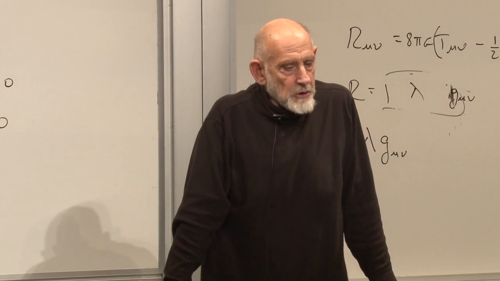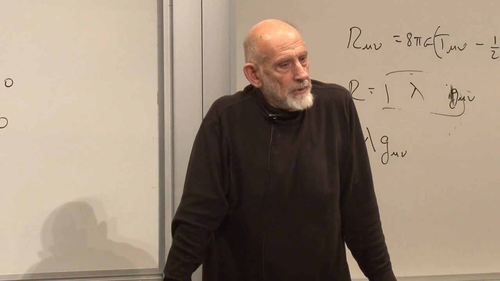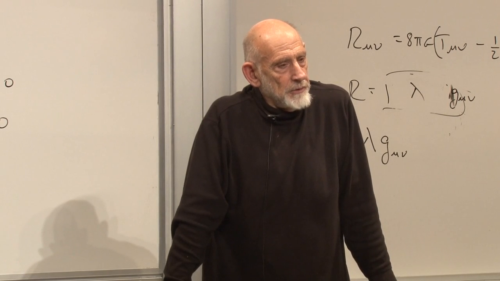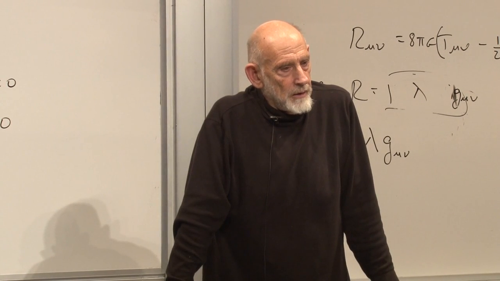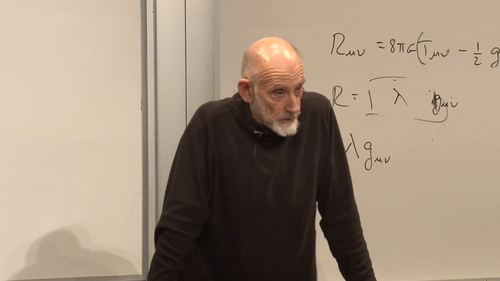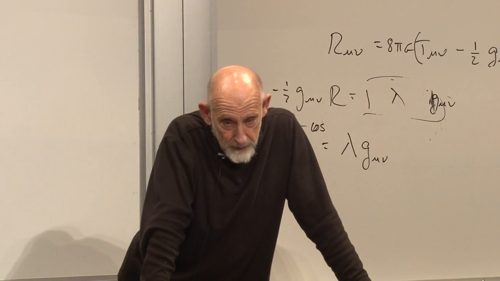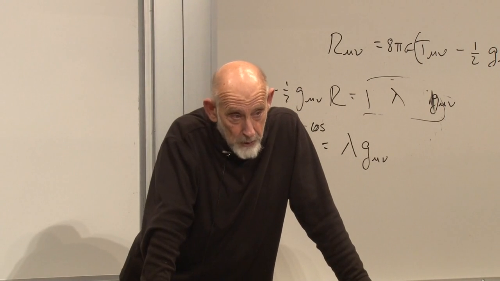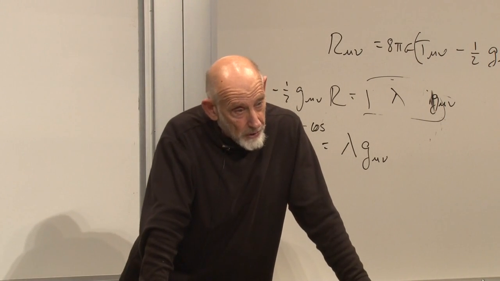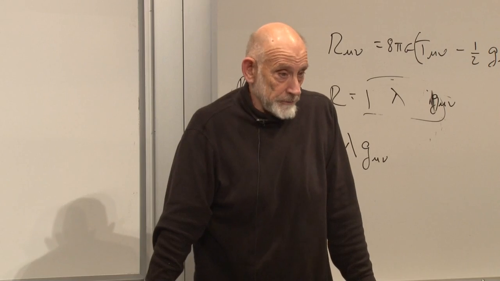And then he just solved orbits in that geometry, again in an approximation. The thing that allows you to do that is the fact that the sun is so much bigger than the Schwarzschild radius. That means the corrections from Newton are small.